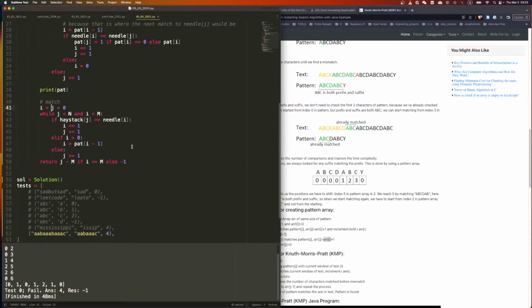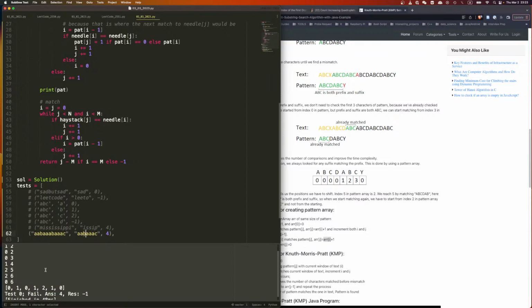Okay, 0, 1. This is 0, 1, 2. So we have mismatch, right? We have this and this mismatch. So 2, 4.